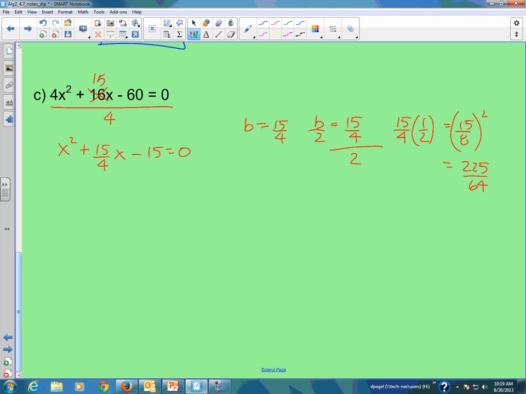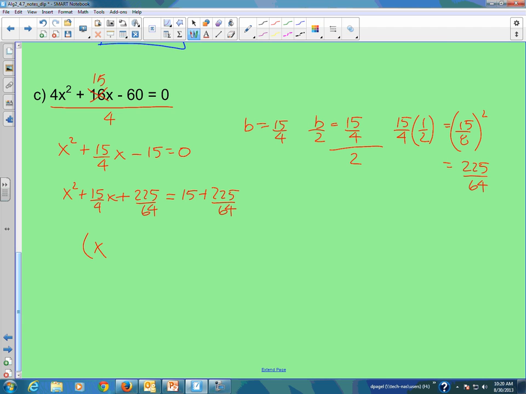So it's a little more challenging here. We get x squared plus 15 over 4x plus 225 over 64 equals 15 plus 225 over 64. And then our binomial squared would simply be what our b over 2 was.